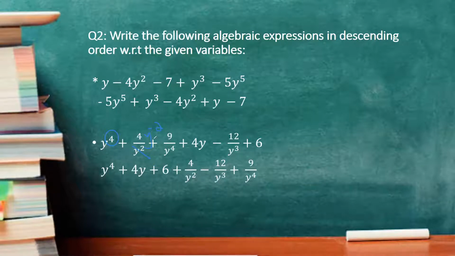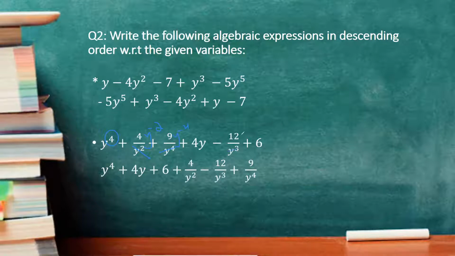It becomes y power -2. Now here we can again see that y power 4 is in the denominator. When we shift it to the numerator, it becomes -4, right? Now this is 4y, it's okay. Now again, this y cube is in the denominator.